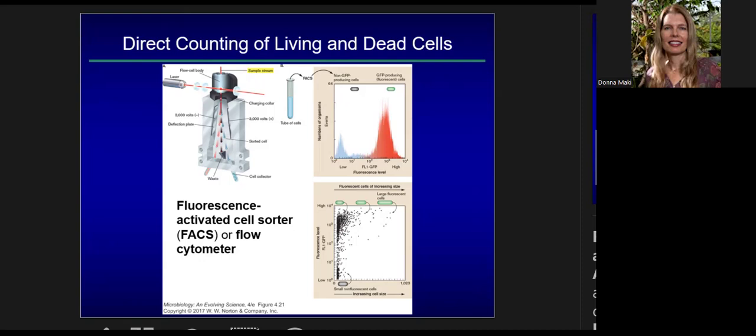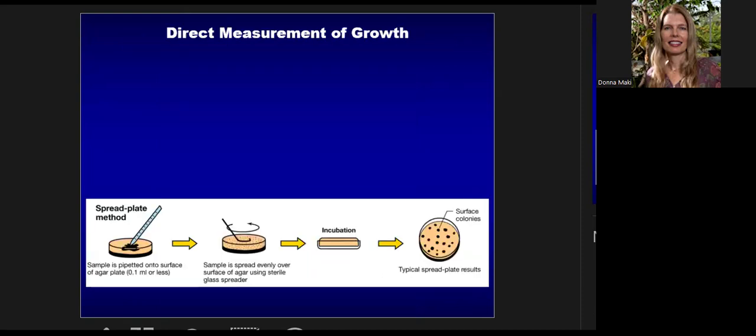But I've actually never seen one in action. The grad student went over herself to the hospital and watched them use it. So flow cytometer, cream of the crop. It's amazing how fast.